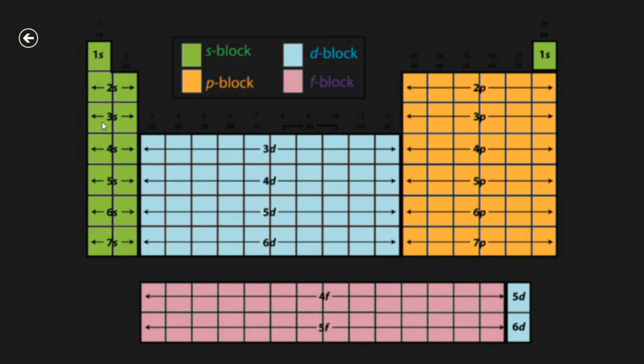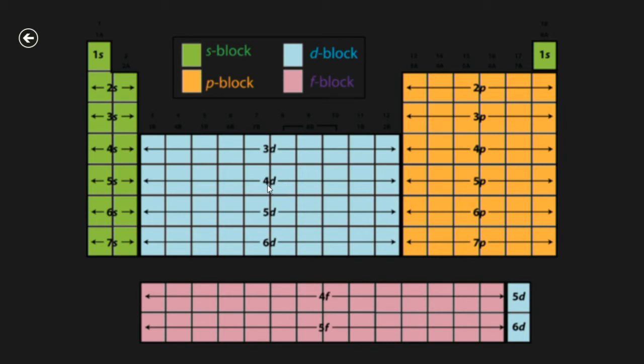This is 1, 2, 3, 4, 5, the 5th row, or the 5th period. The periodic table is listed by groups or columns. Groups and columns are the same thing, and rows and periods are the same thing. So this is the 5th period or the 5th row, but for the D block, technically that energy level is the 4D, okay?